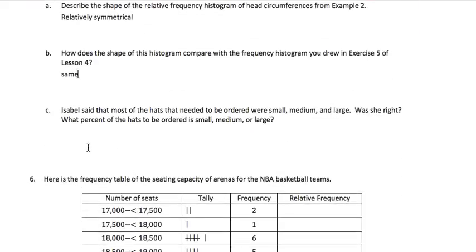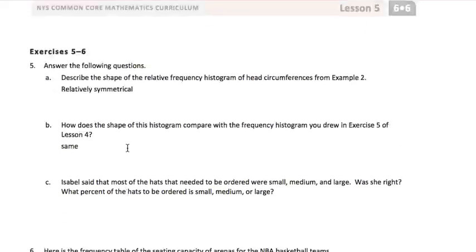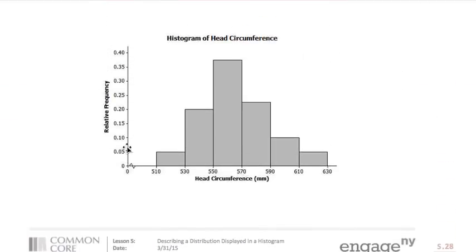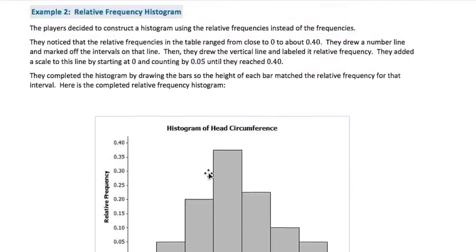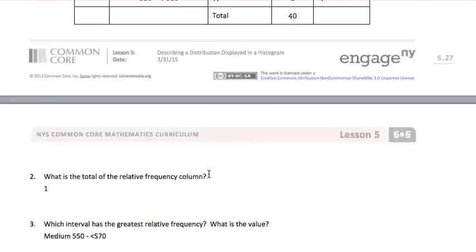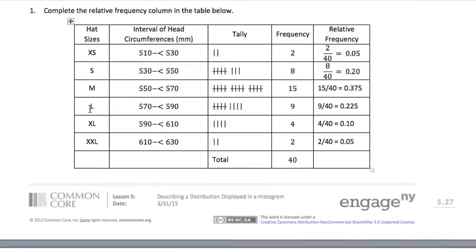Isabel said that most of the hats that needed to be ordered were small, medium, and large. Was she right? And then what percent of the hats to be ordered is small, medium, or large? So when we look at the histogram, I'm going to scroll back here to see which categories are small, medium, and large. That would be 530 up through 589.